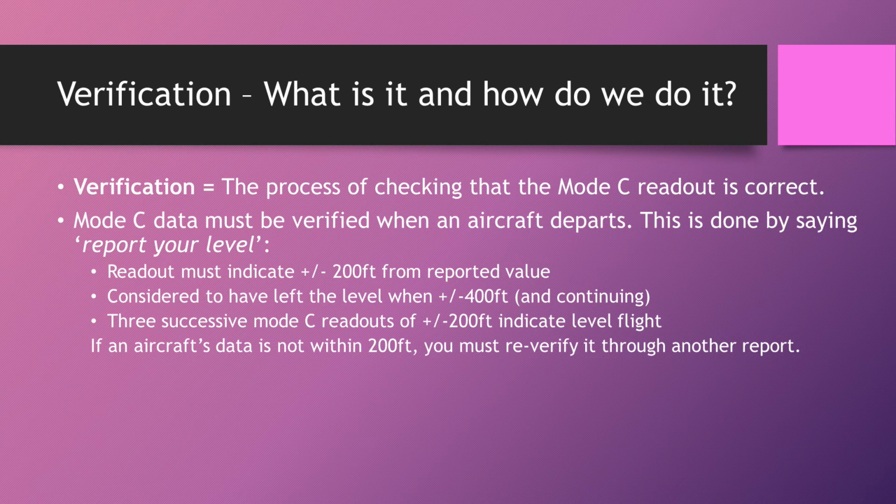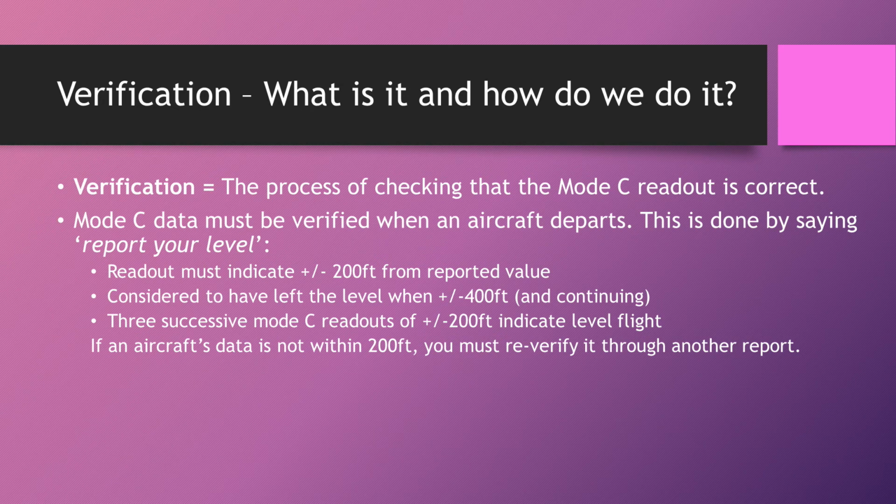So verification is the process of checking that the Mode C readout is correct. Again, if you're not sure what Mode C means, go and check our previous video on PSR and SSR. So the Mode C data must be verified when an aircraft departs. This is done by saying report your level. So Speedbird 123, report your level.